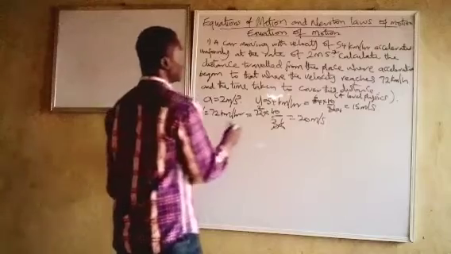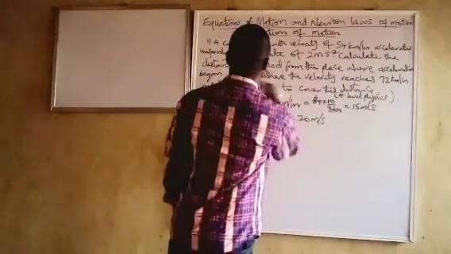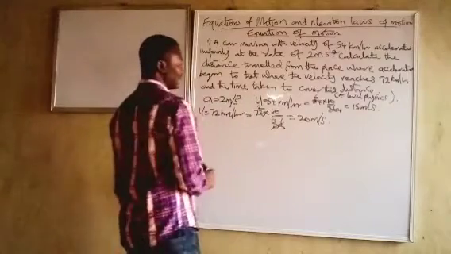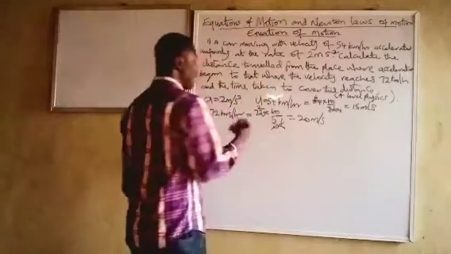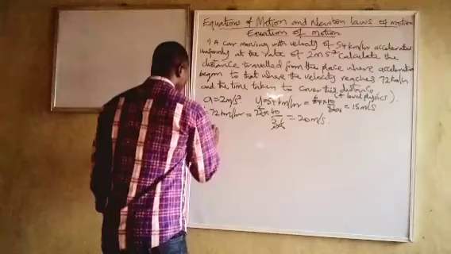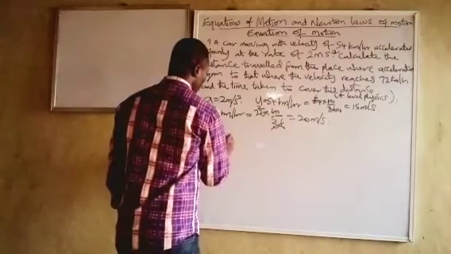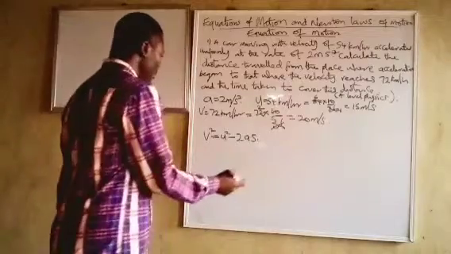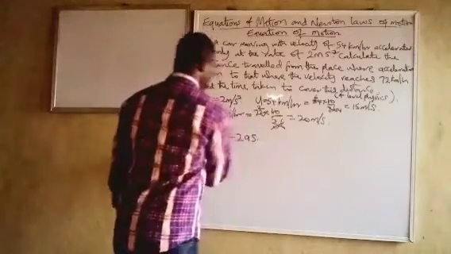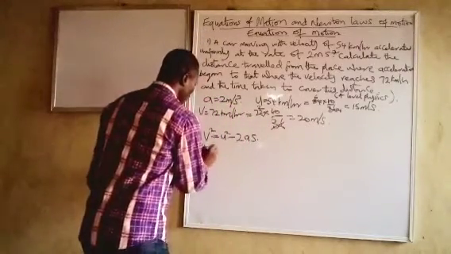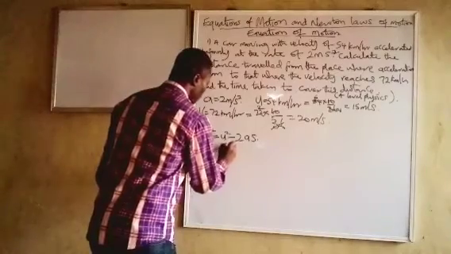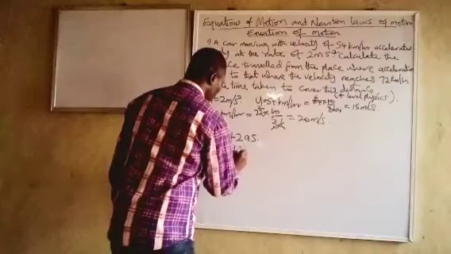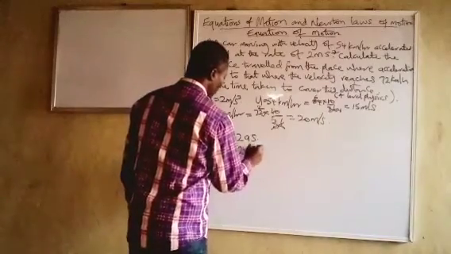What does that say? It says calculate the distance traveled, that is change in position, delta s, and we have an equation like this: v squared equals u squared plus 2as. So if you input this into this formula, you have 400 equals 225 plus 2 times 2 times s.